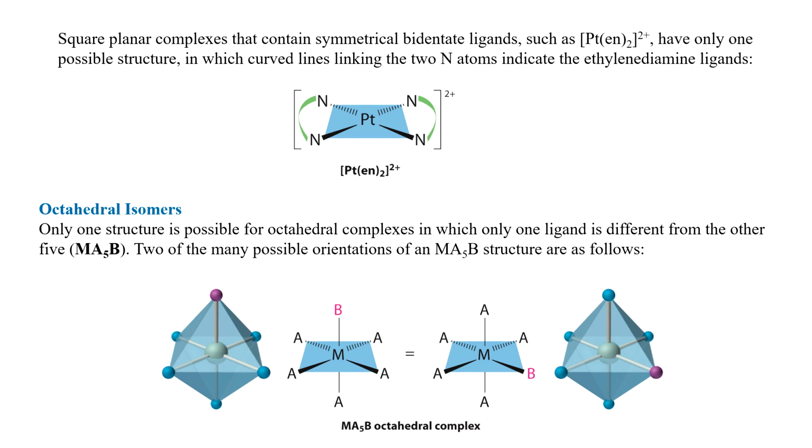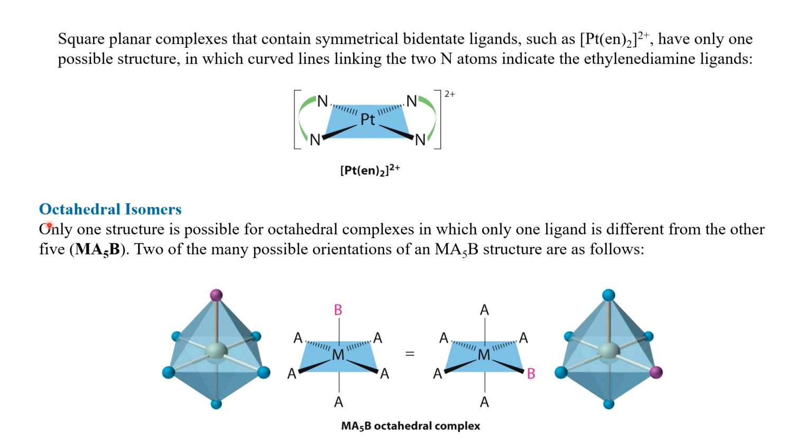If a square planar complex contains a bidentate ligand but both donor sites are the same, then there is no possibility of showing any cis or trans. So only one isomer is possible when both donor sites are the same. But if donor sites are different, then it can be cis or trans.